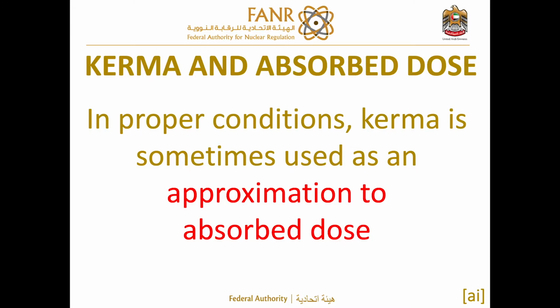And in a specific set of conditions, kerma can be used as an approximation to absorbed dose. And kerma can easily be calculated and measured. So kerma has many advantages. Remember, it is defined only for uncharged particles, so for photons and neutrons, and for a specific material. So we will need to define kerma of photons in air or in water or in whatever material we are considering.